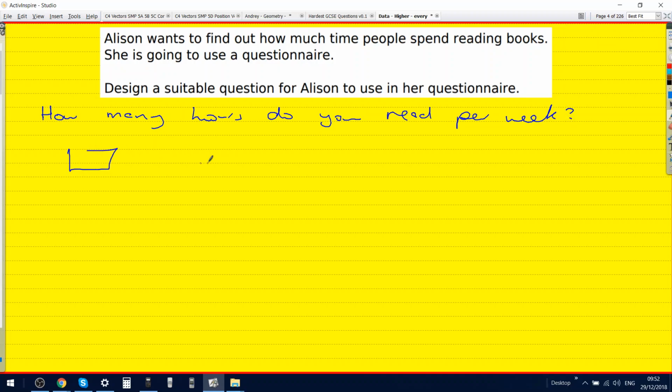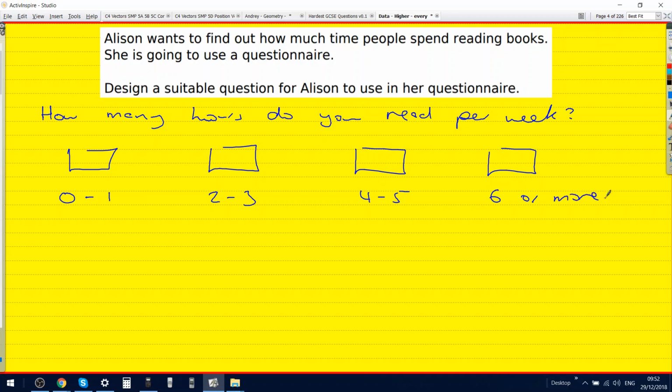And then 4 boxes: 0 to 1, 2 to 3, 4 to 5, and then whatever comes out as 6 or more. I think that's all right. Any questions there?